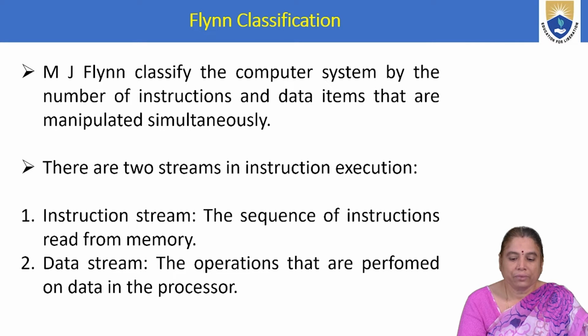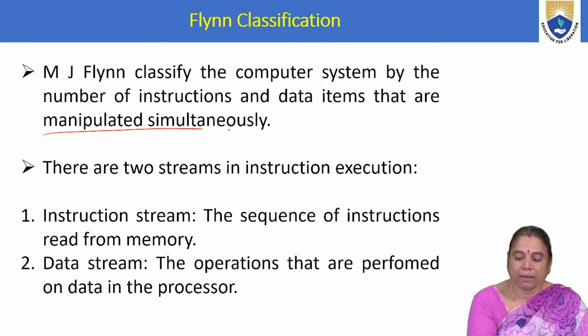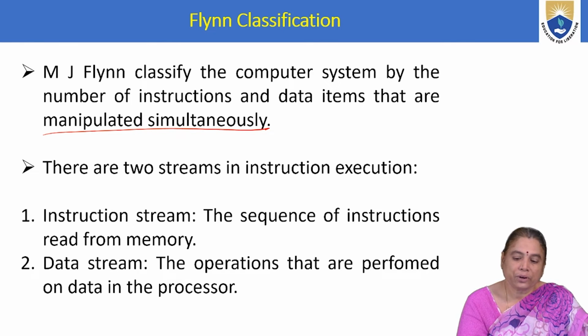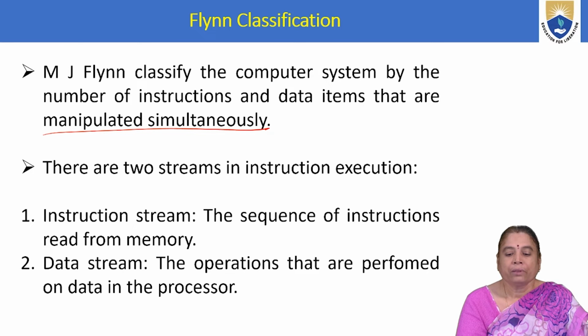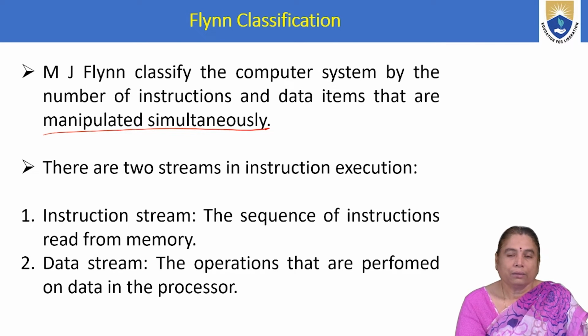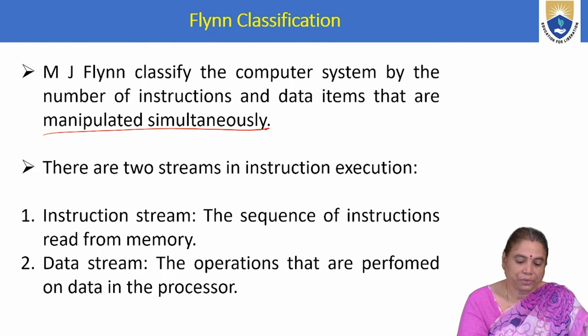He classified computer systems by the number of instructions and data items that are manipulated simultaneously. Depending upon the instruction stream and data stream, Flynn classified multiprocessor systems into four categories.